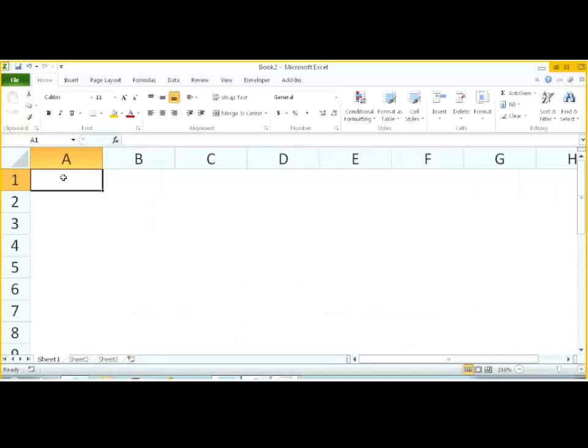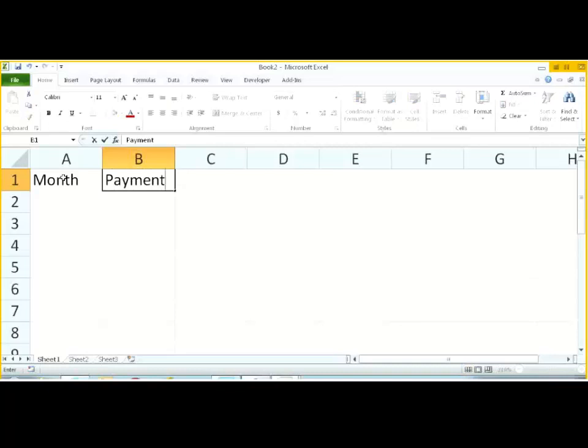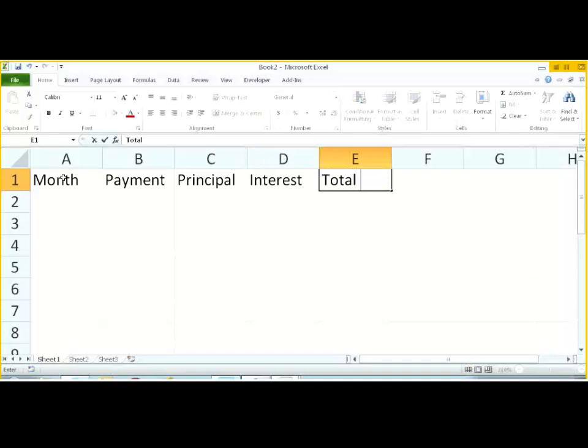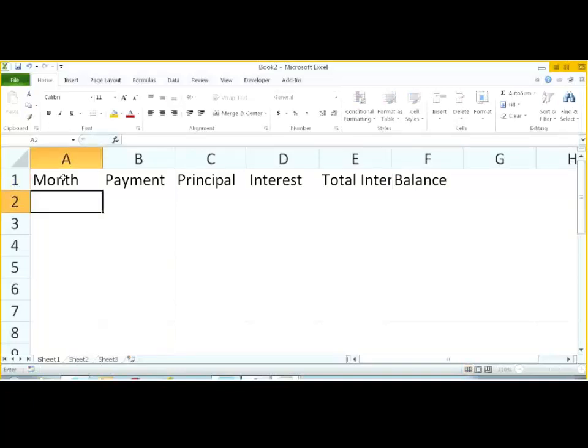My first column was month, second column was payment, third column was principal, the fourth column was interest, the fifth column was total interest, the last column was balance. And so we start with month 0, and then we go to month 1, and we go as long as the car loan was.